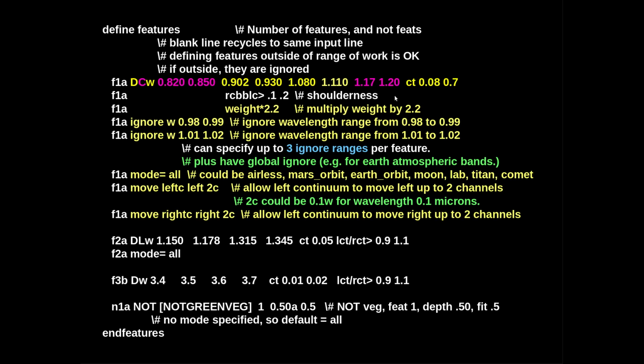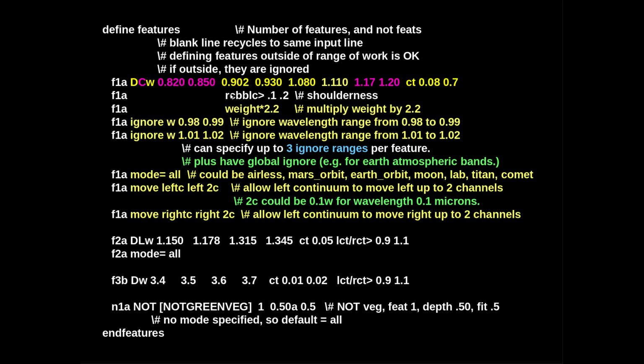Then you have other parameters that can affect whether or not you're going to see this material. The continuum threshold, CT, must be between 0.08 and 0.1 on a 0 to 1 reflectance scale. The shoulderness needs to be greater than 0.1 to 0.2, and there are two numbers here because some parameters work in what's called fuzzy logic.